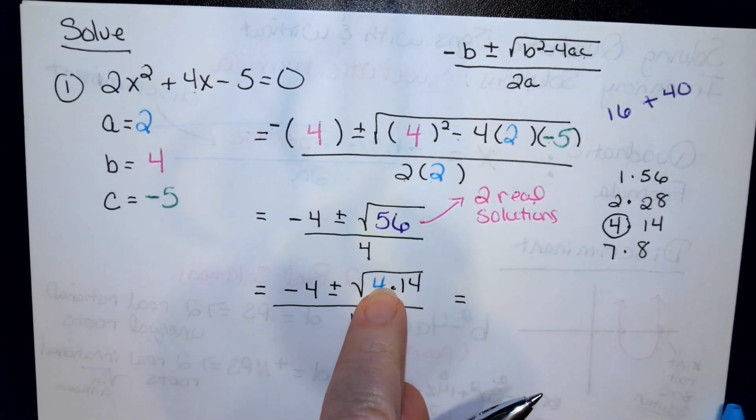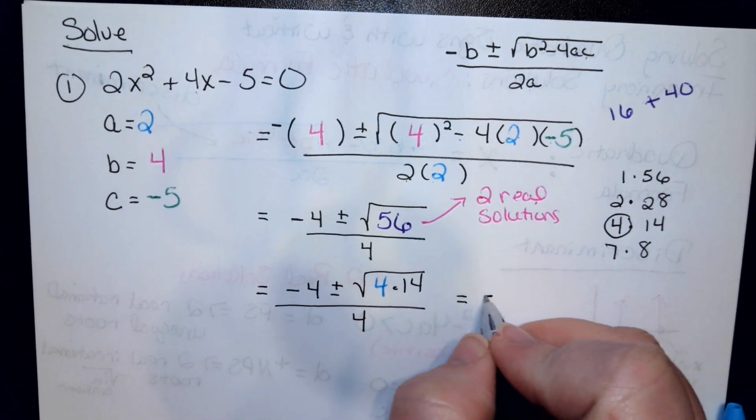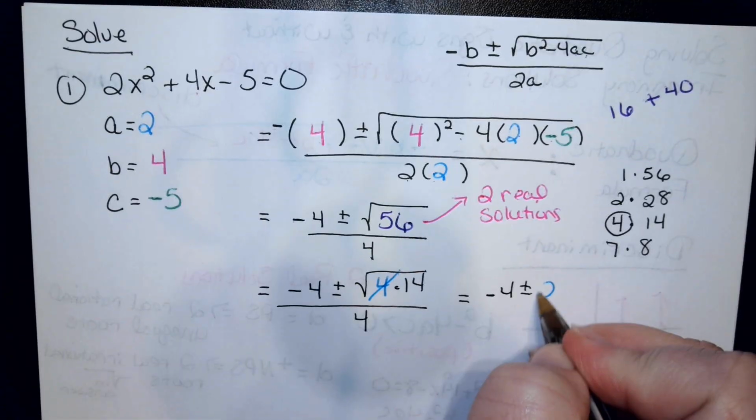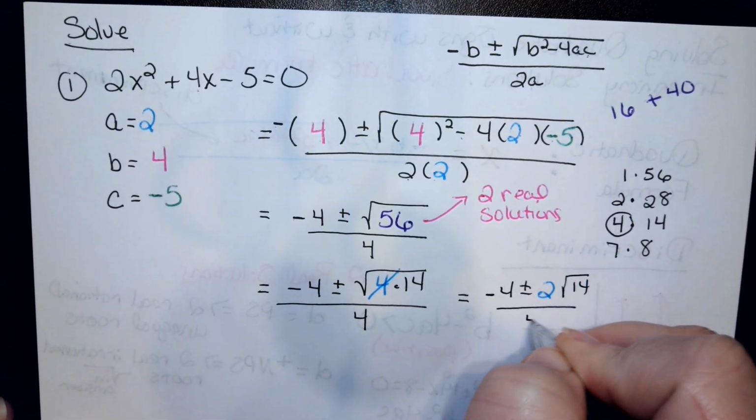The square root of 4 is 2. So we're going to have negative 4 plus or minus 2 square root of 14, with the 14 staying under the radical, all over 4.